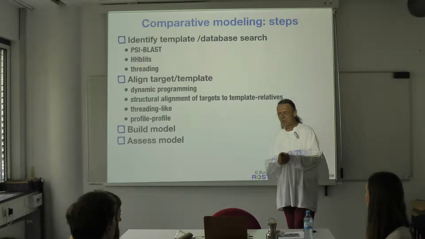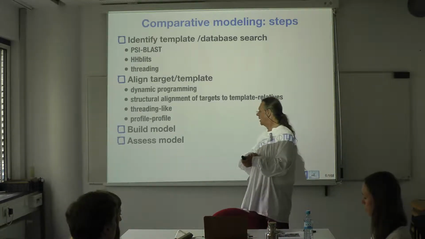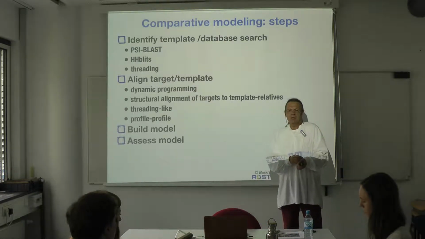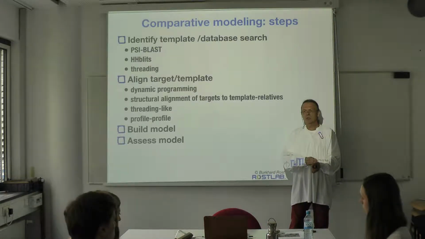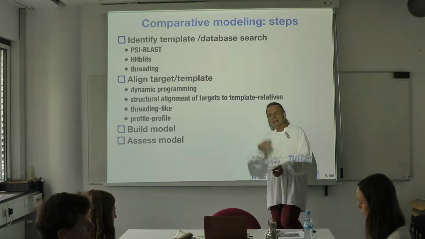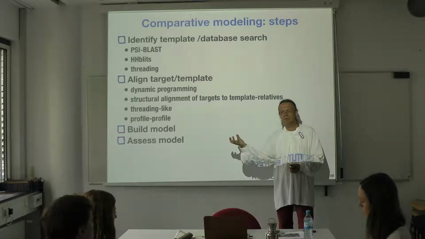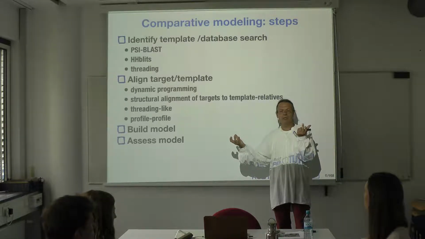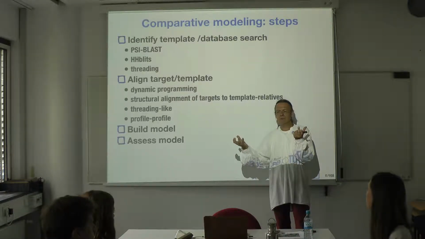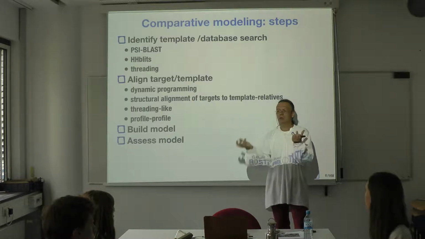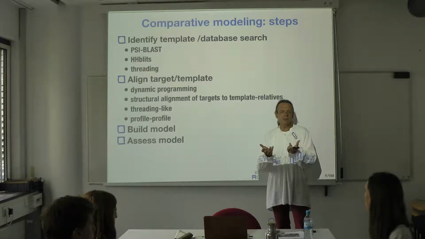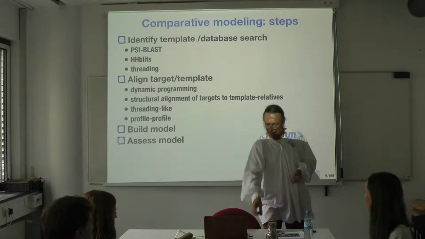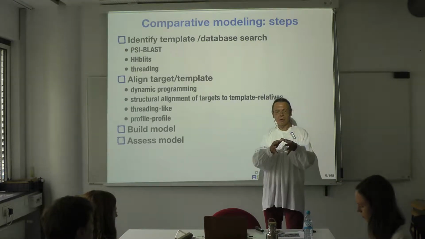And then there comes this issue of building the model. What's the simplest way of building the model? You have a template, the protein in the PDB for which you know the structure, and you have the target for which you want to predict the structure. The simplest way is to copy the coordinates. How do you copy the coordinates? From the alignment method that you run, you have corresponding positions.